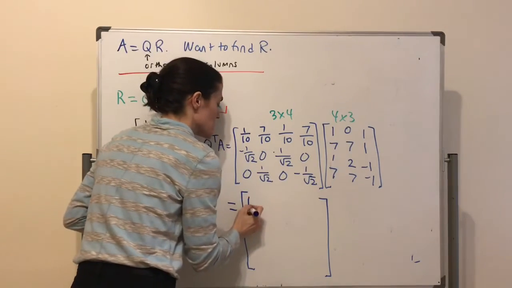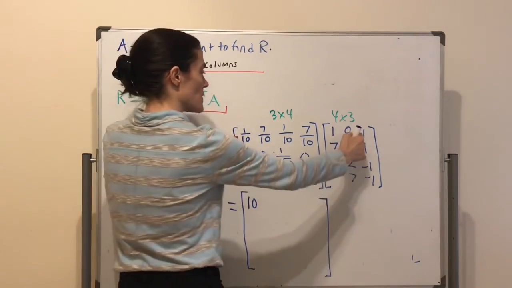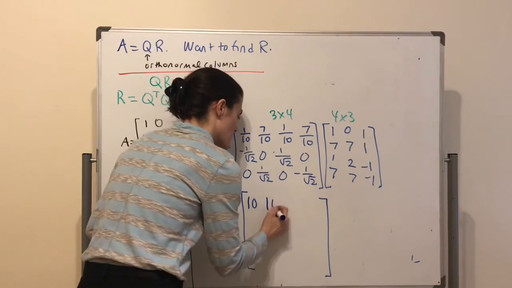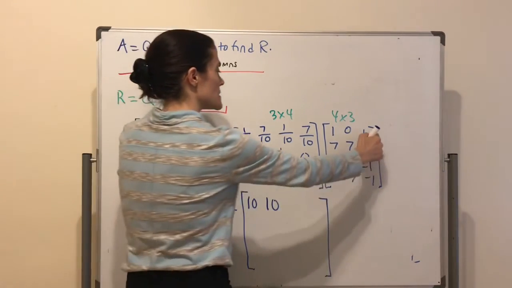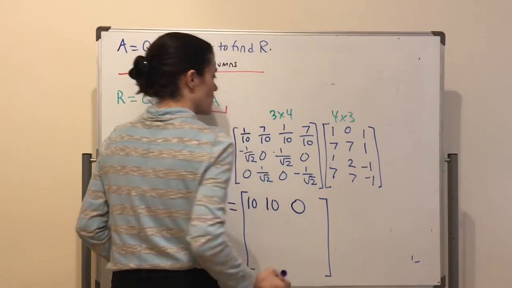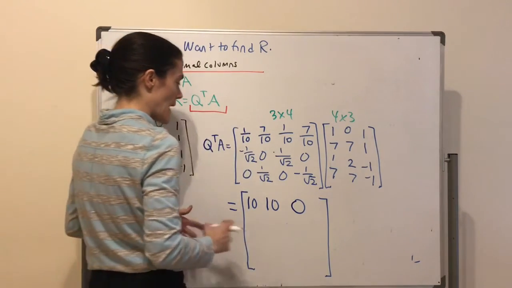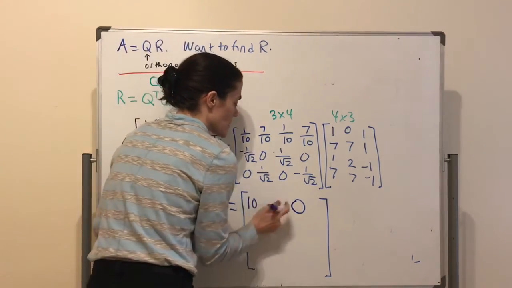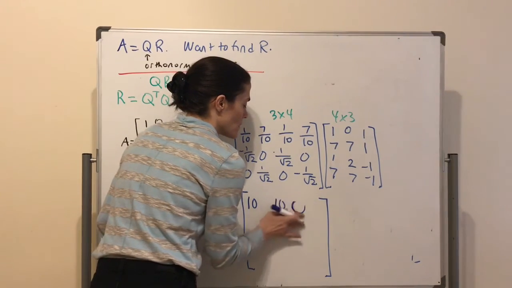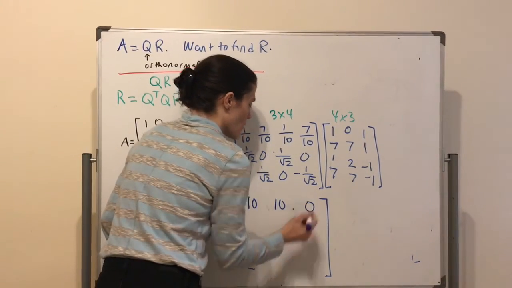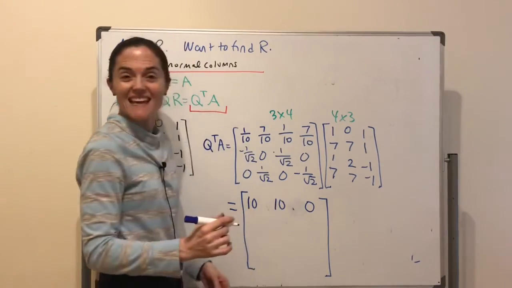This becomes 10. Okay, this row and this column, this one is 0. Now I move on. Maybe I'll space these out a little better. Give myself space. 0. Okay, let's move to the second row.